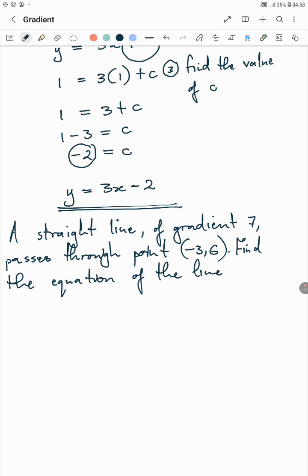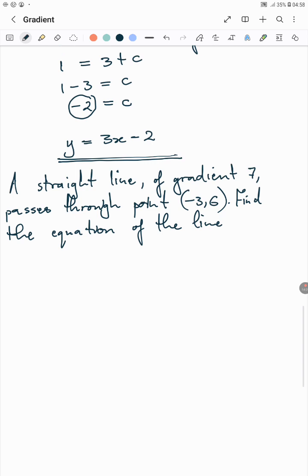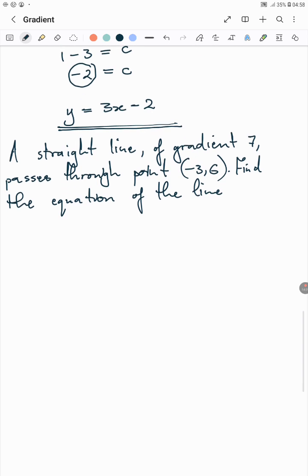So this is the second type of question, where you have the gradient and one point on the line, and you have been asked to find the equation of the straight line. So the first thing that you need to do is to write the general equation of a straight line. It's supposed to look like this, and we are told our gradient is equal to 7, and the gradient is m.